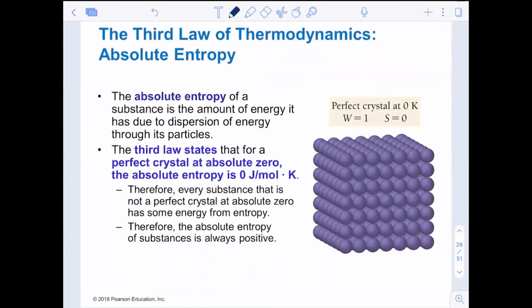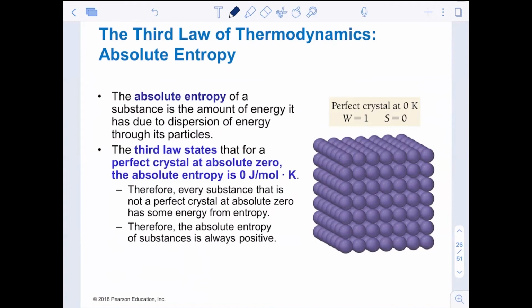Bringing up the third law of thermodynamics real quick. The third law states that for a perfect crystal at absolute 0, the absolute entropy is 0. And that helps us identify the temperature at which entropy is going to be a standard 0 joules per mole Kelvin. Therefore, every substance that is not a perfect crystal at absolute 0 has some form of entropy.